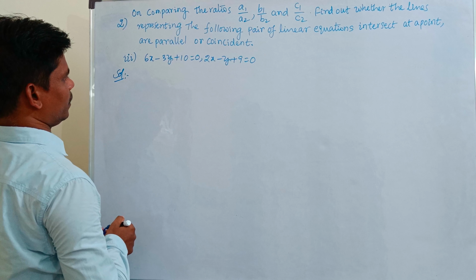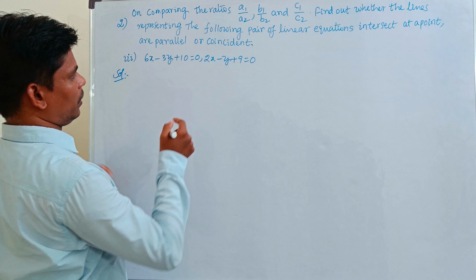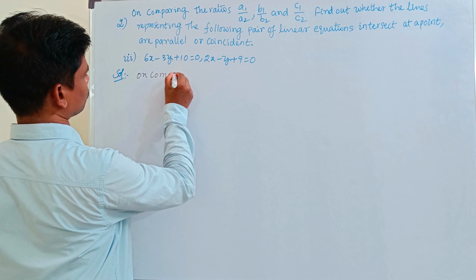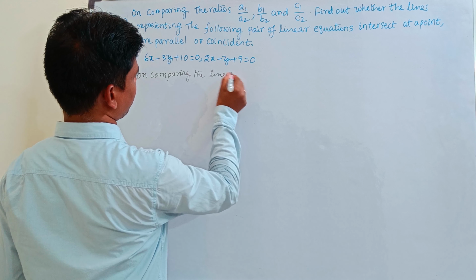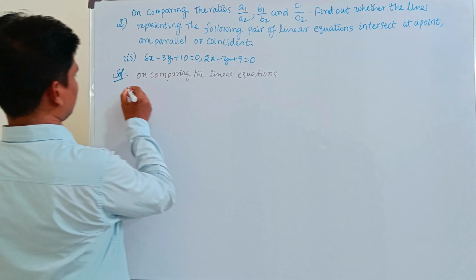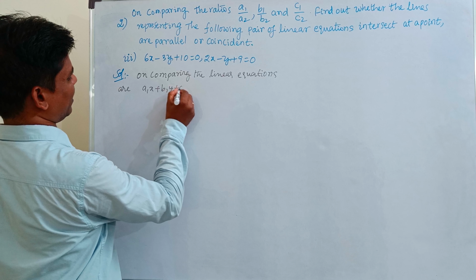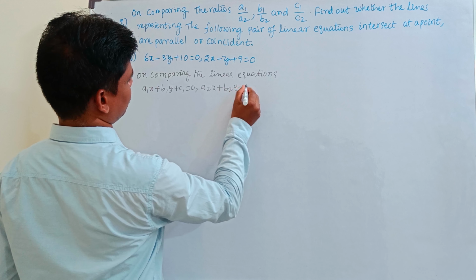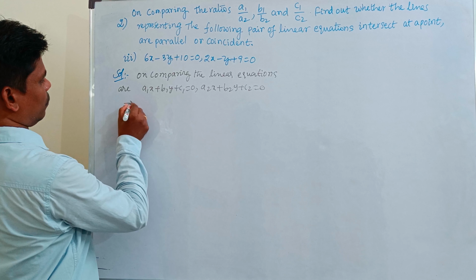So here, first, on comparing the linear equations: a1x plus b1y plus c1 is equal to 0, a2x plus b2y plus c2 is equal to 0. So compare these two, and we get the coefficients.